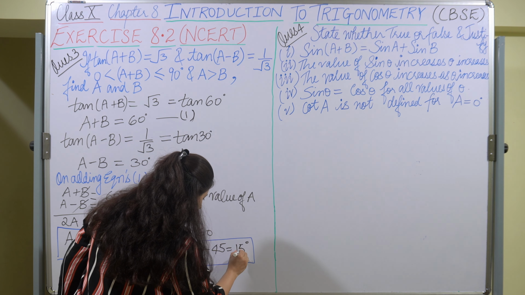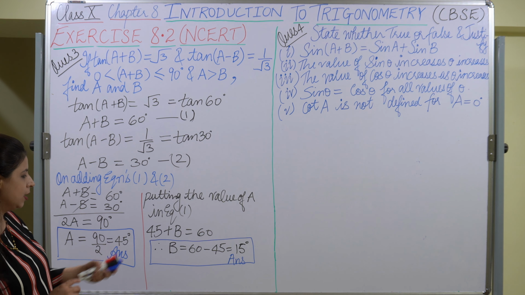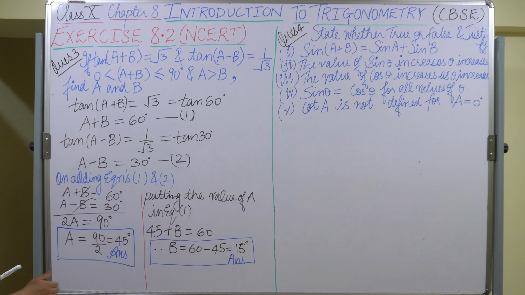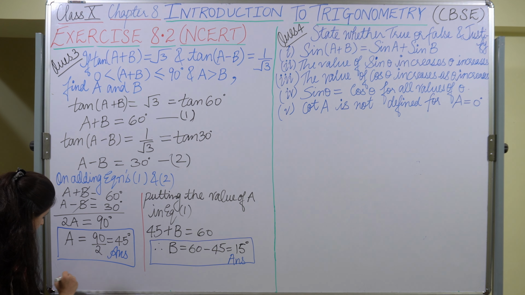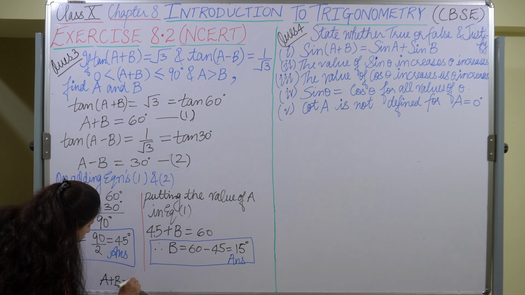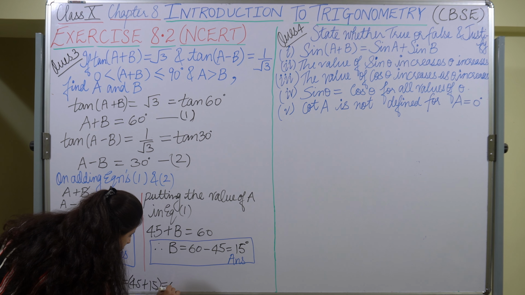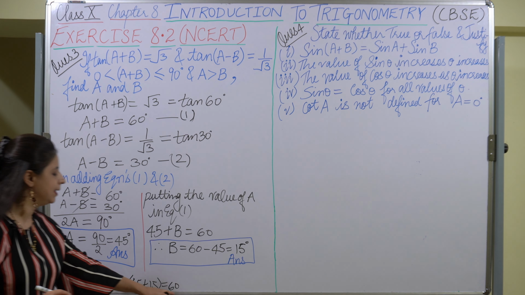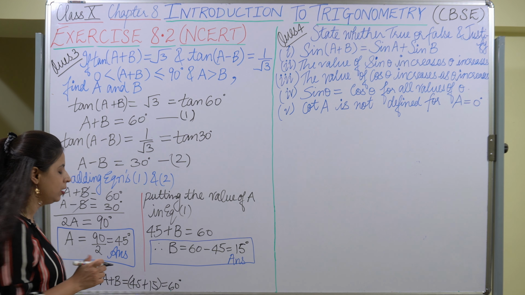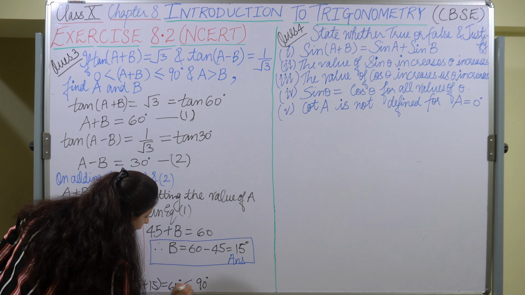Now let us check the conditions. A + B should lie between 0 and 90 degrees. A + B is equal to 45 + 15, which is 60 degrees, and clearly 60 degrees is lying between 0 and 90 degrees, so it is satisfying the given condition.